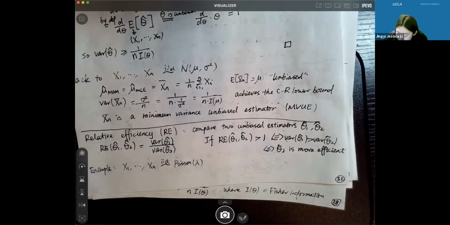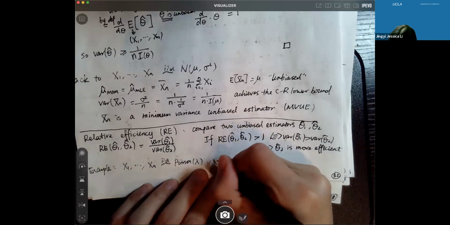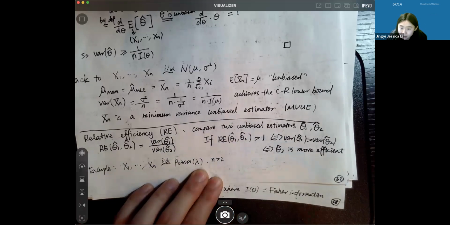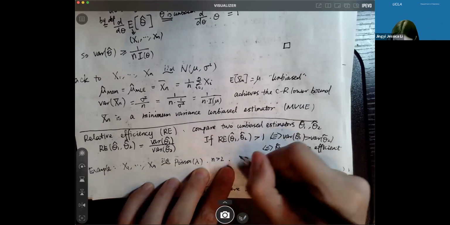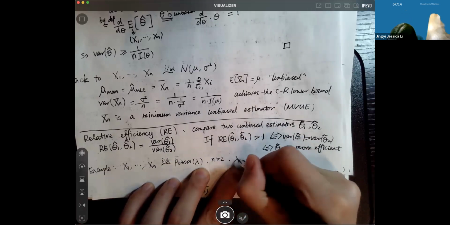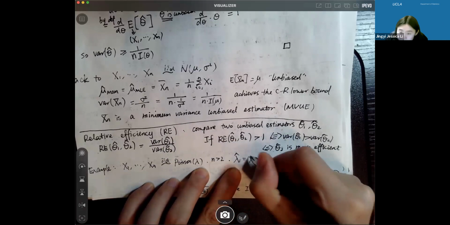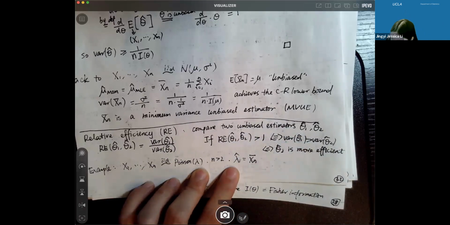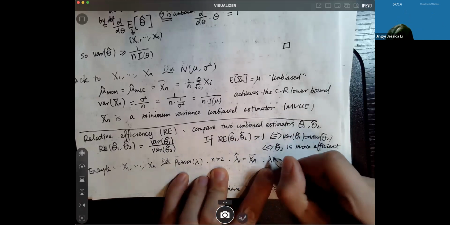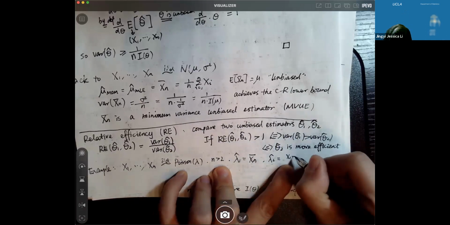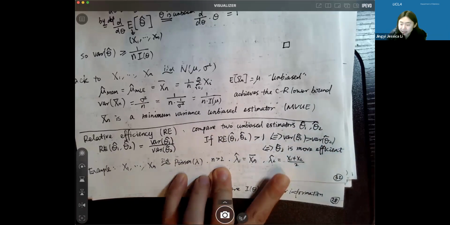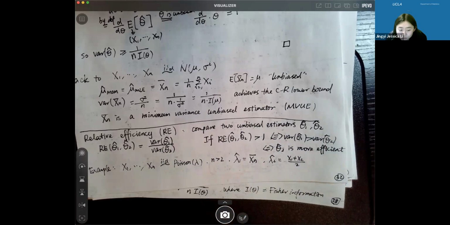Okay, so let's say n is greater than 2. We have two estimators. Lambda 1 hat is just X_n bar, the average of everything. And lambda 2 hat is just the average of the first two random variables, and it doesn't use the remaining random variables. Then the question is, are they both unbiased?